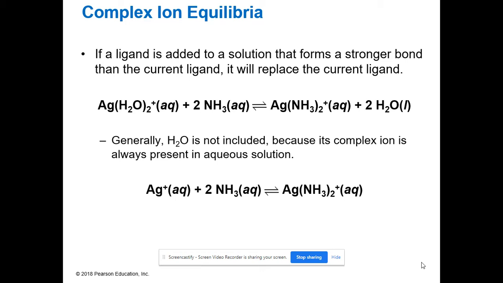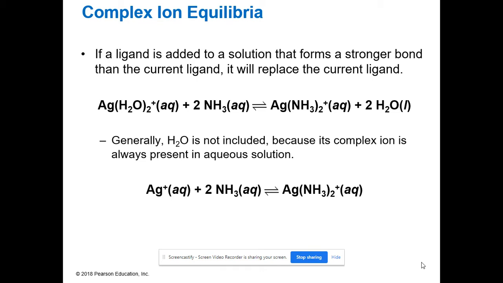If some ligand is added to a solution, and that ligand forms a stronger bond than our current ligand, it will replace the ligand. So here we have silver and water. We're adding ammonia. Ammonia is a stronger ligand than water is. And so it will actually kick that water out and add the ammonia in. So the ammonia now will become our ligand and our water will come out.